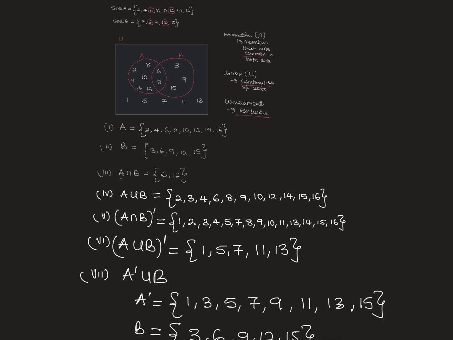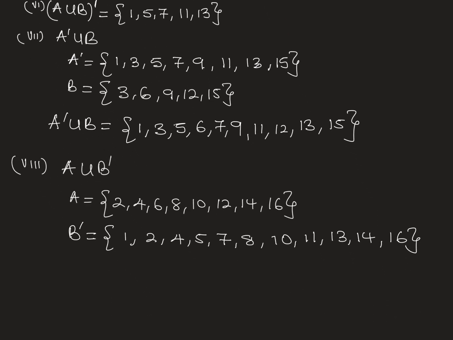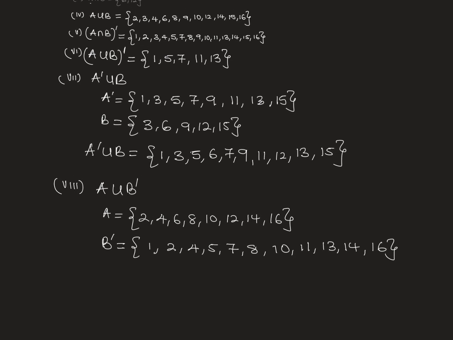So let's go and see if we have the answers right. B complement, we already have B here. So if you exclude these numbers, what do you have? Starting from the lower number, 1, 2, 4, 5, 7, 8, 10, 11, 13, 14, and 16.